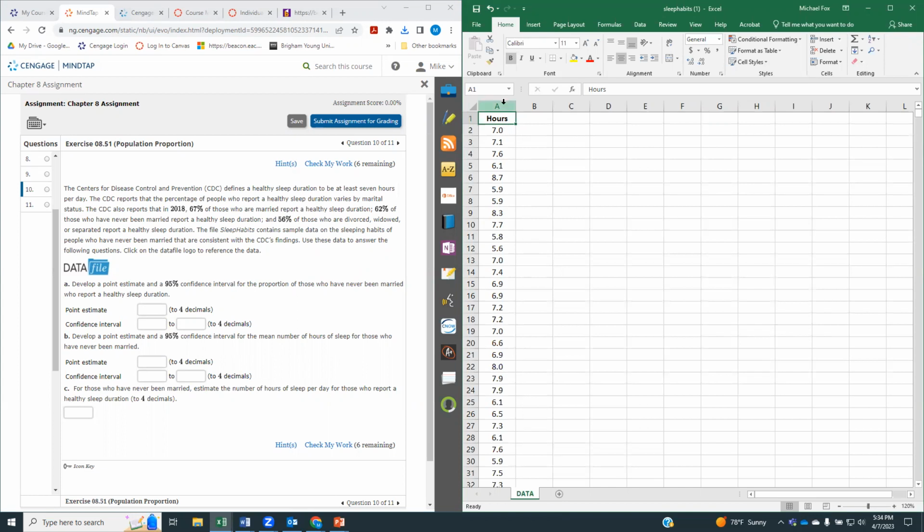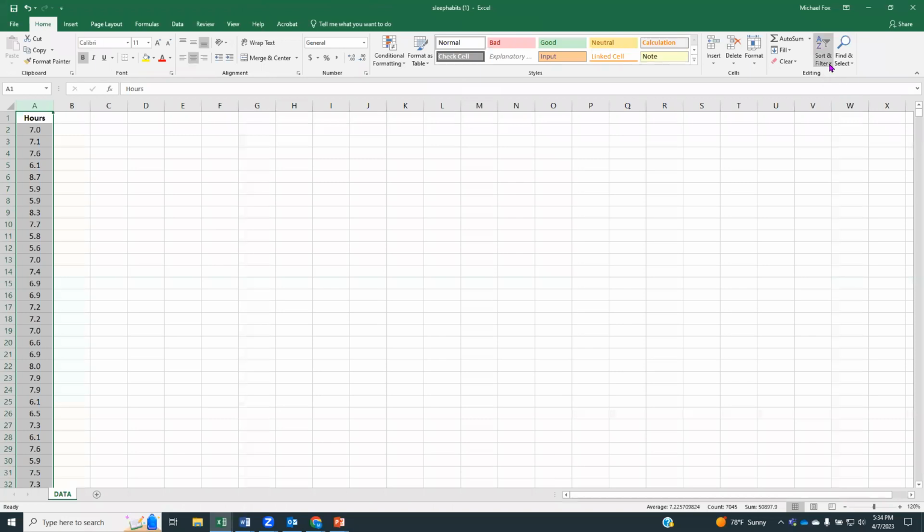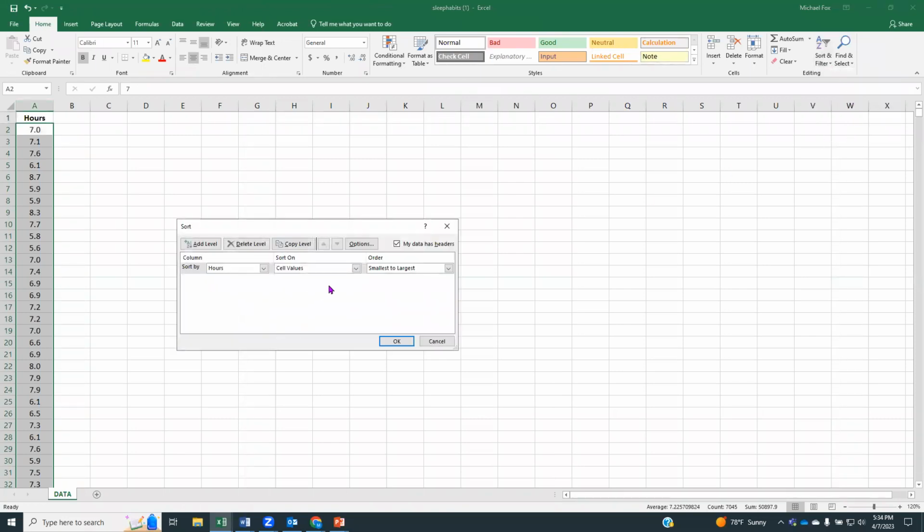There's more than one way to do this. I'm going to make this full screen for a minute. We'll sort and filter it, and I'm just going to sort it smallest to largest.